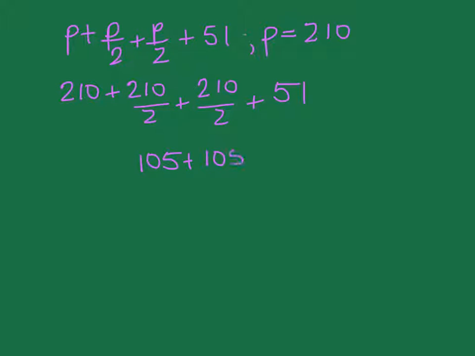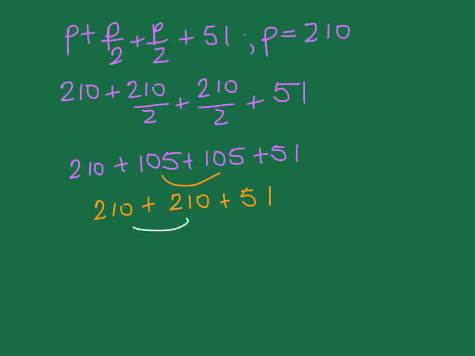I can just do both of those. Bring down the rest of my problem. These are all additions, so I'm actually going to add these a little bit out of order to make things easier for me. I am funneling down, as always, and I know that the total is 471 pictures.